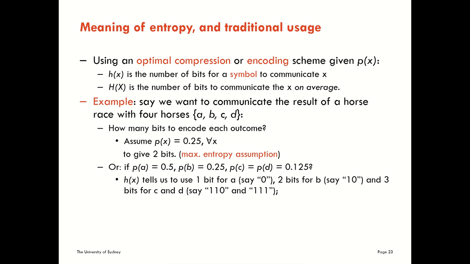It tells us that the most efficient coding scheme will use 1 bit for A now, maybe a 0, 2 bits for B, say 1,0, and 3 bits each for C and D, say 1,1,0 and 1,1,1. This is obviously very different to using 2 bits for each of the outcomes, and it's different specifically because the probability distribution function is different here. With a different probability distribution function, there is a more efficient coding scheme to use than 2 bits for each outcome.